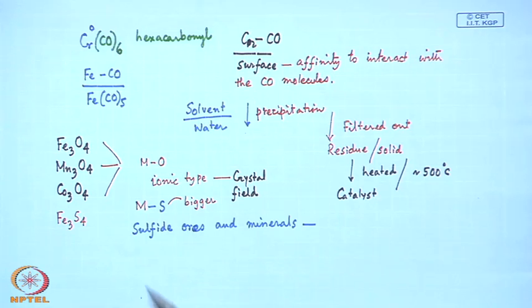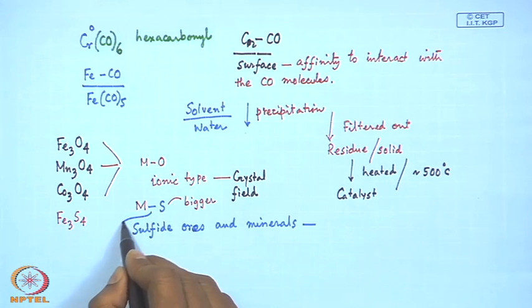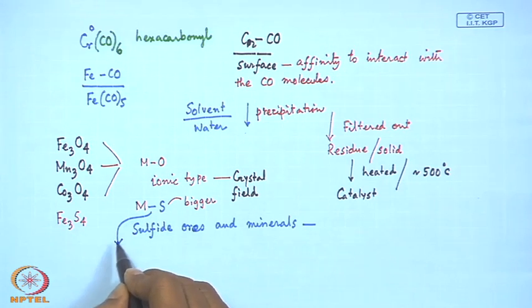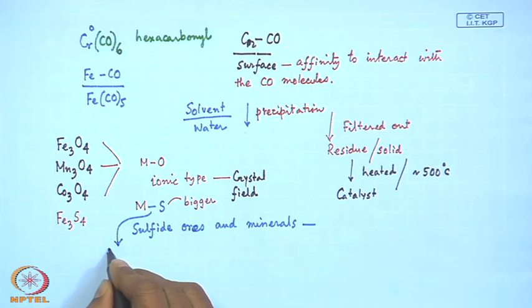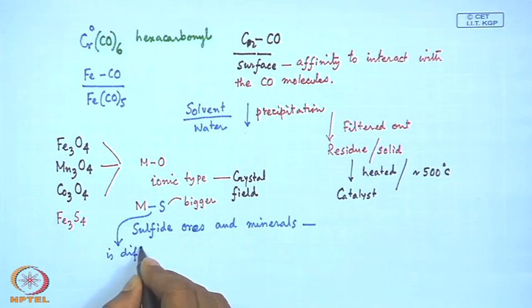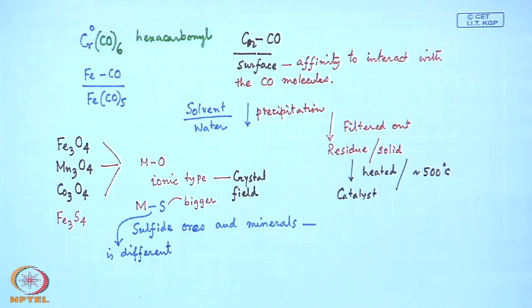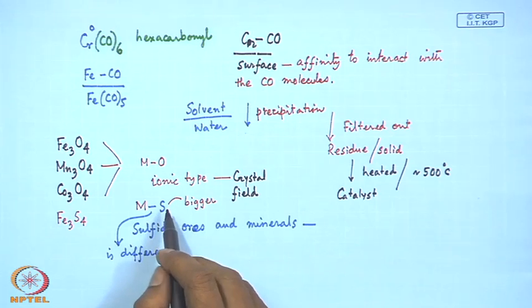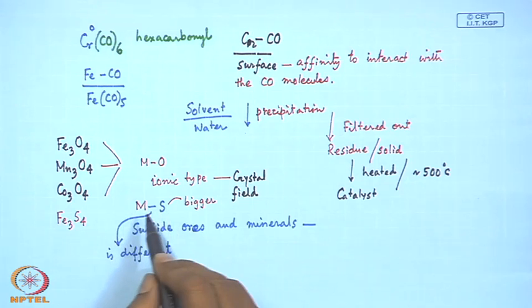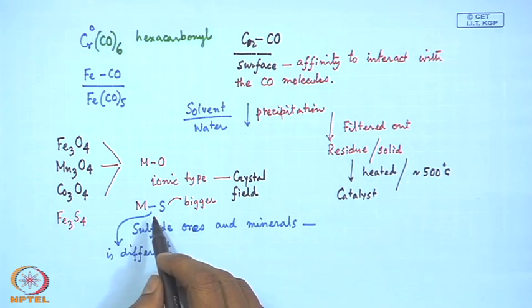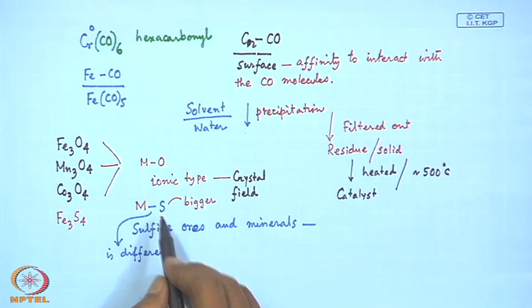So, the nature of these interactions between the metal center and the sulfur is different, and due to the bigger size of sulfur it will be easily polarized. Because of its affinity for polarization and its bigger size, we can expect that the metal sulfur bonding will have some amount of covalent character.